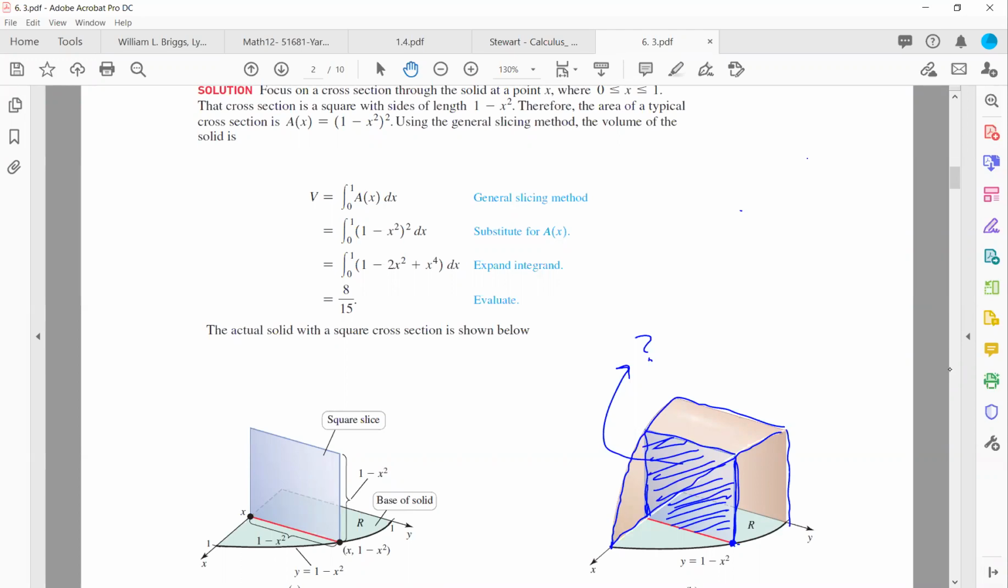Okay, so the length of this square y is equal to 1 minus x squared. So the area is equal to 1 minus x squared times 1 minus x squared. Your L is equal to 1 minus x squared.